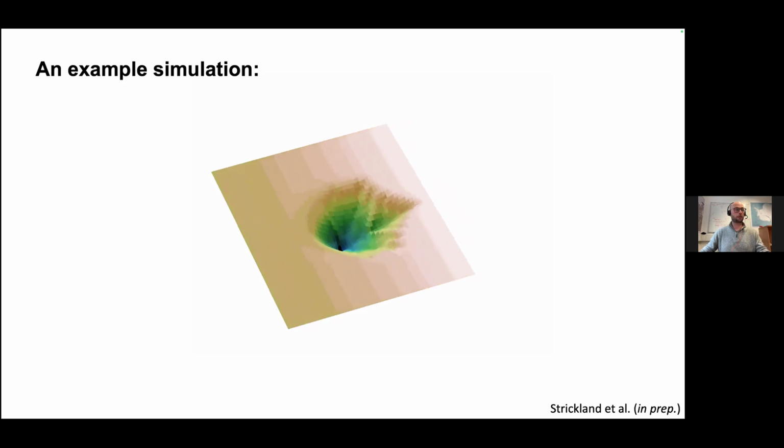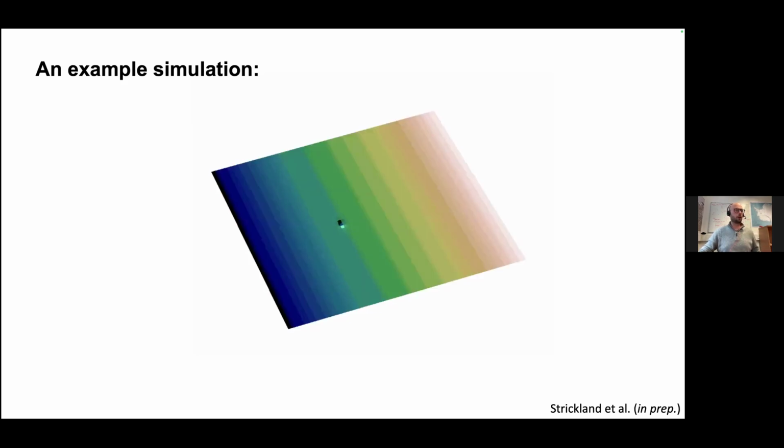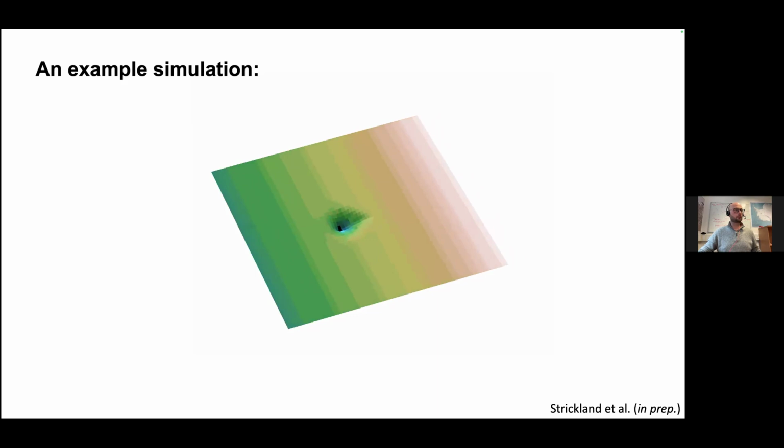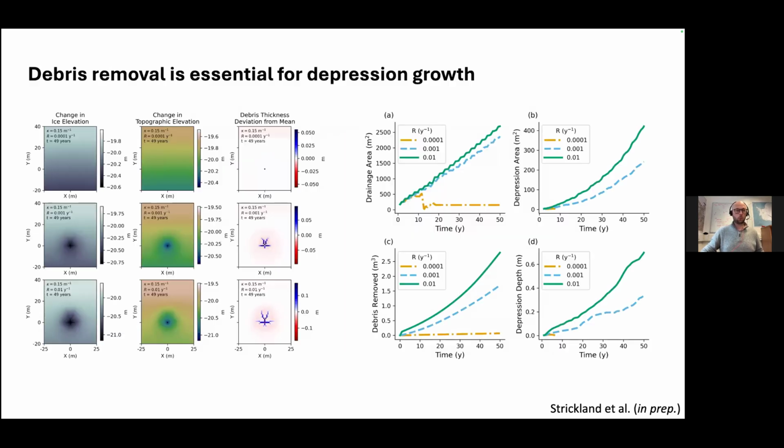And so what I hope you can see here is that after about 50 years of simulation time, which this simulation shows, we get a depression that grows and fills virtually the entire model space here. So it seems promising. Internal meltwater drainage and debris removal will produce depressions.